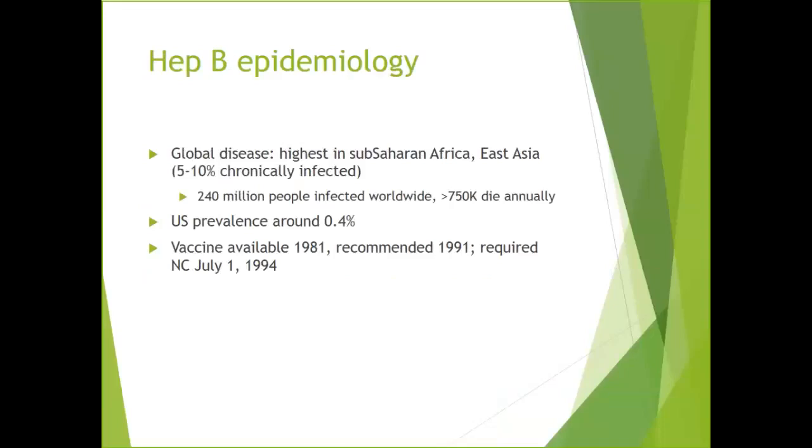The vaccine for hepatitis B became available in 1981, and it was required in North Carolina starting July 1st, 1994. So most of our young population has been vaccinated, but we are still seeing some acute hepatitis B, most likely related potentially to waning immunity, and then maybe some folks who just escaped vaccination.